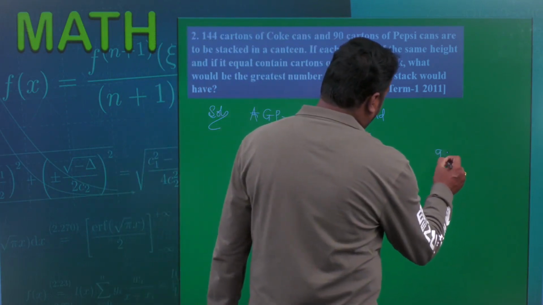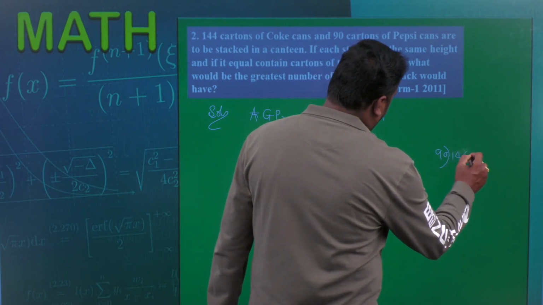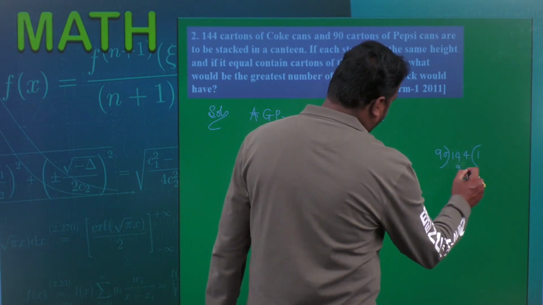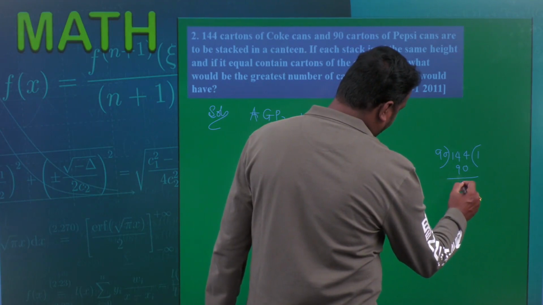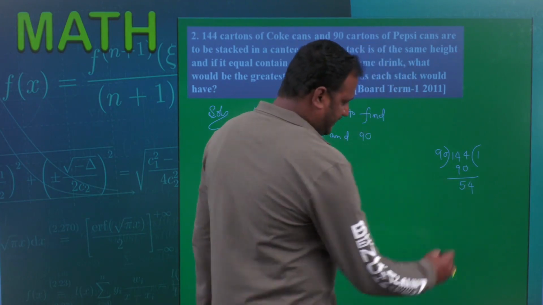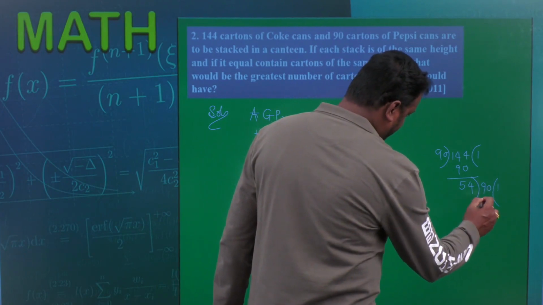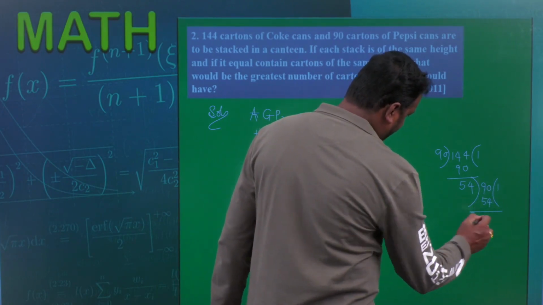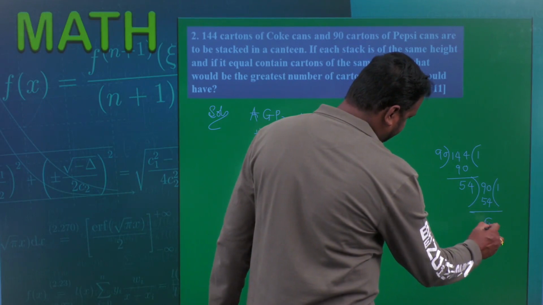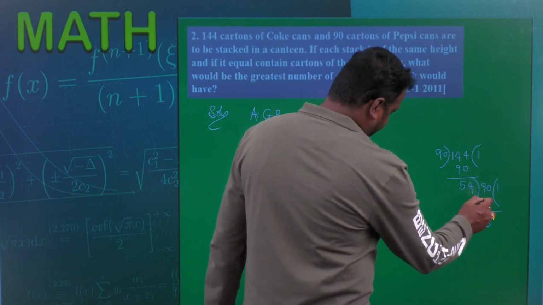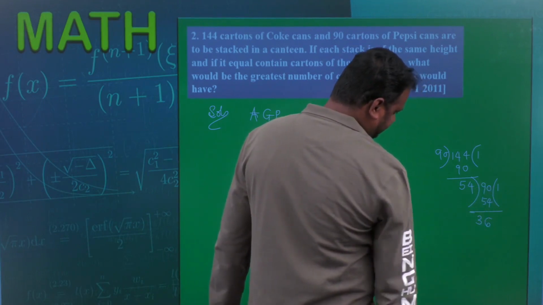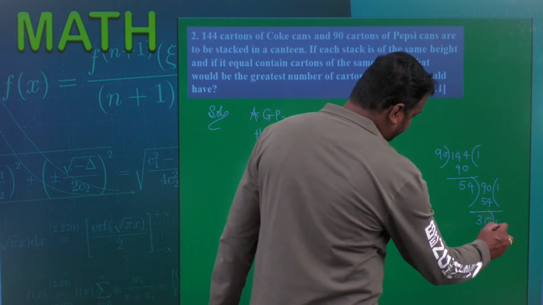I go with the short division method. 90, 144, 90 ones are 90, and then 54. Okay, and then 90, 54 ones are 54, and then what do we get? 10 minus 4 is equal to 6. 8 minus 5 is equal to 3, and then 54.